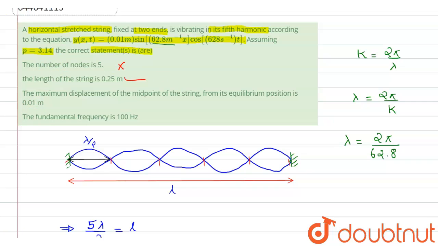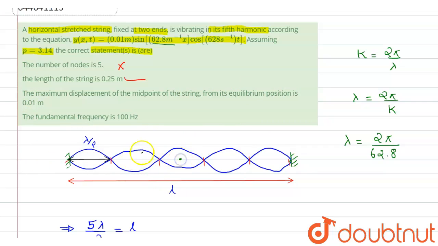Now if we check our third option, it says the maximum displacement of the midpoint of string from its equilibrium position is 0.01 meters. So the midpoint of string will be L by 2.